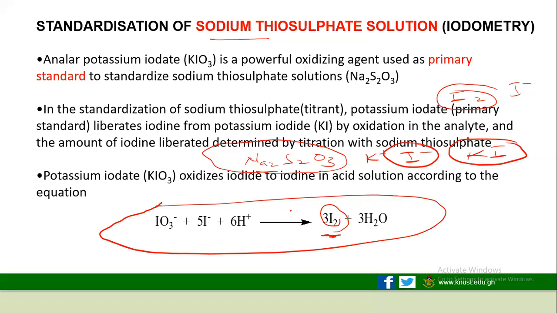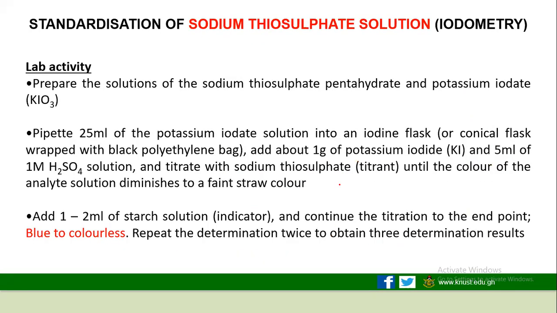And so what we need is that we have to be able to write this equation, but then this is not the mole ratio that we will use, right? We would combine that with the next equation to get an overall equation, and then we'll use the mole ratio from the overall equation to do our calculation, right? I hope we are following. Good. So let's look at what we'll do in the lab, and then we'll go ahead with some calculations.